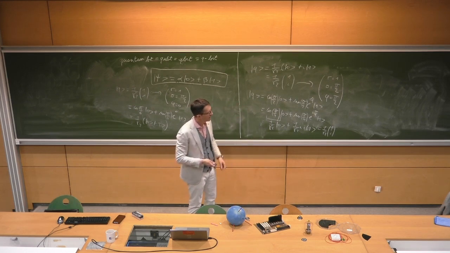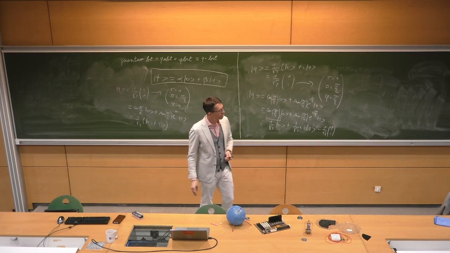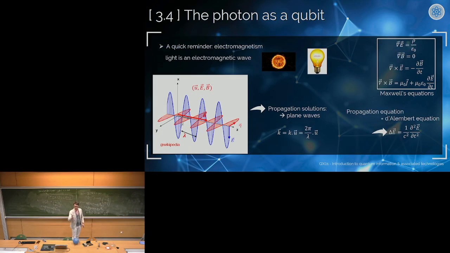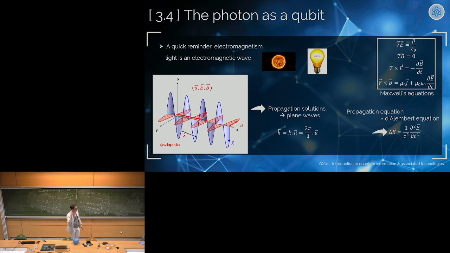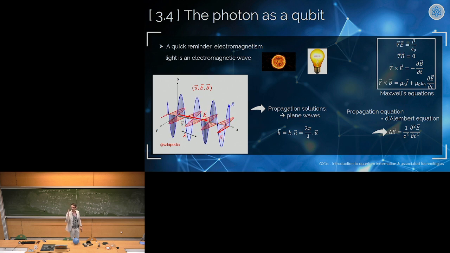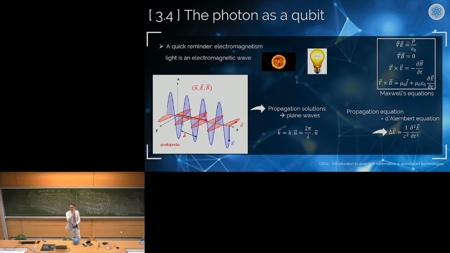So if you have propagation along the z-axis, the electric field oscillates along the x-axis, and you have oscillation along the y-axis for the magnetic field. And both of them oscillate in a balanced way.